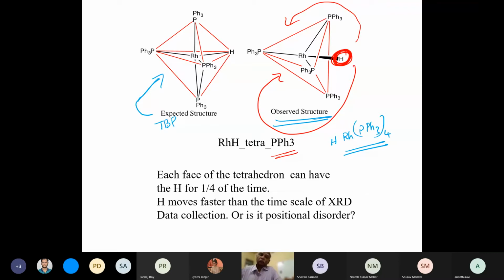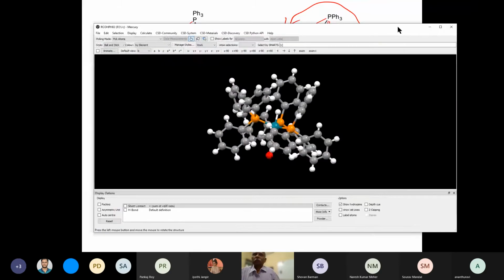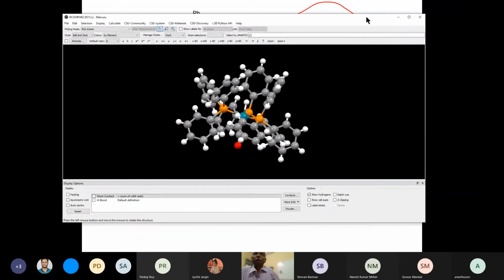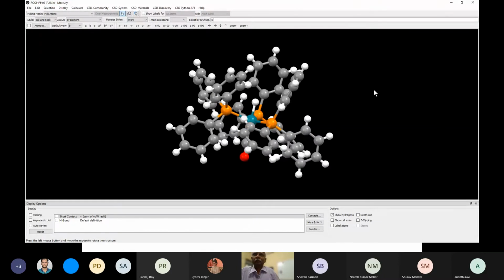So these two structures I can show to you briefly, and I will post it for you so that you can manipulate it and see it yourself.